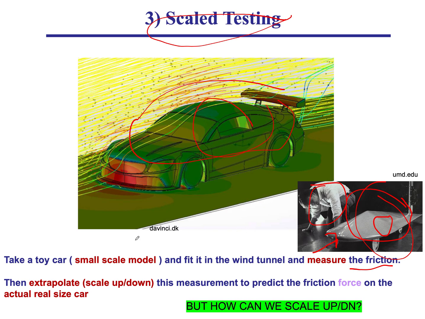Indeed, you have guessed right. We expect that it's going to be larger. So intuitively, we have some sense of scaling. But how much larger? Is it going to scale with the size, or with the size squared, and why? This is the knowledge we want to gain from this chapter: how can we extrapolate the measurement we got in the small scale test to the actual size car.